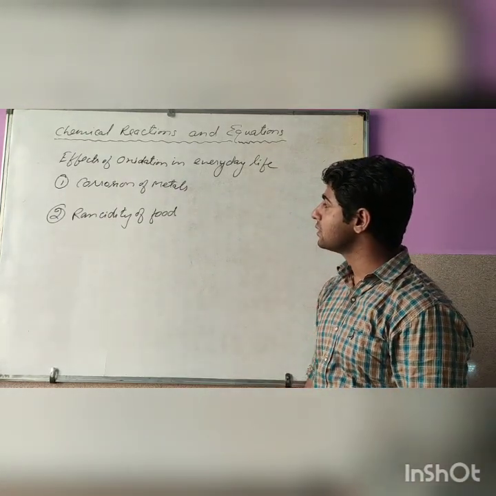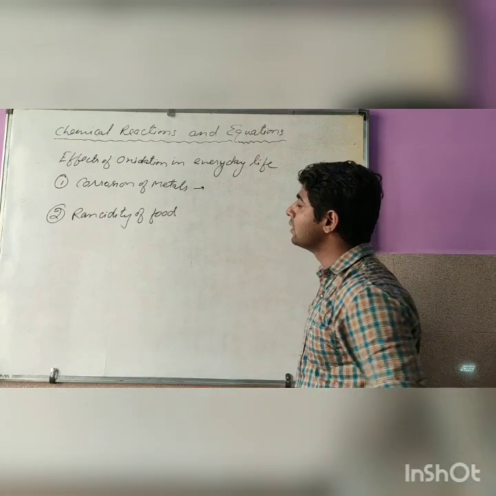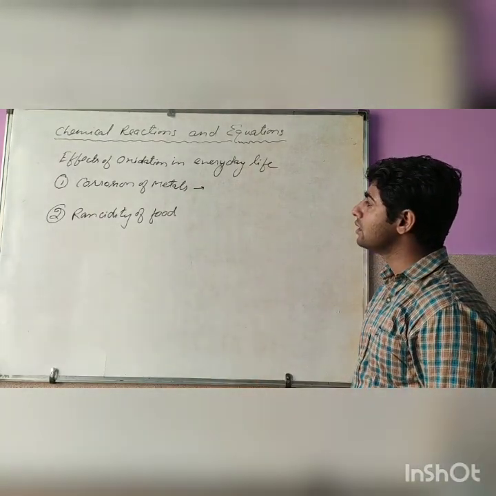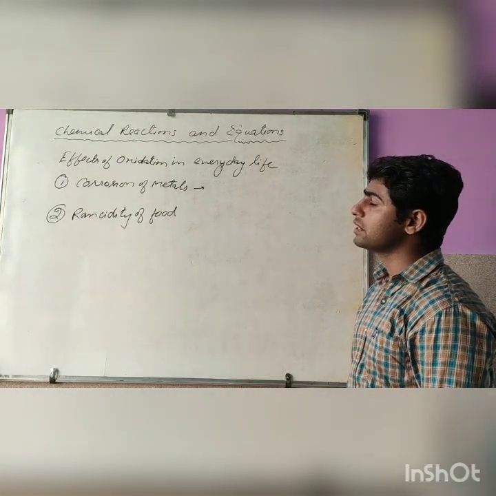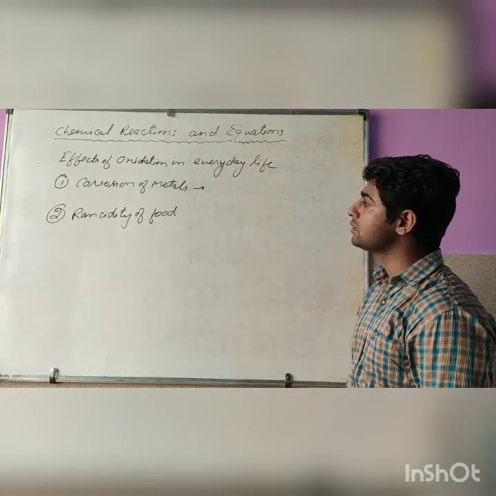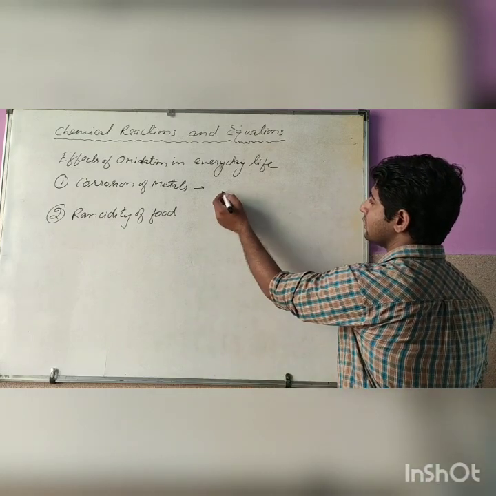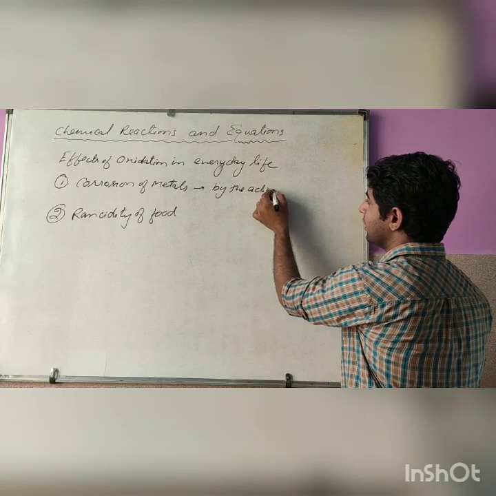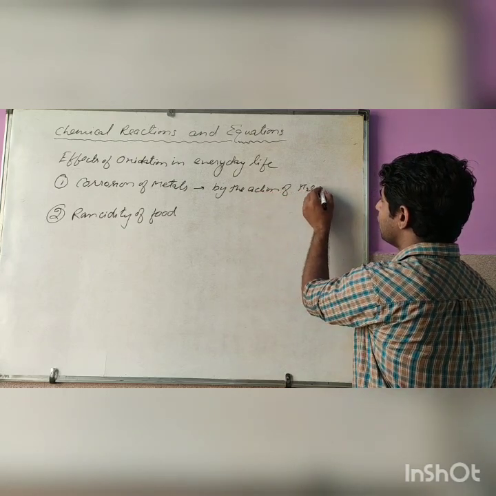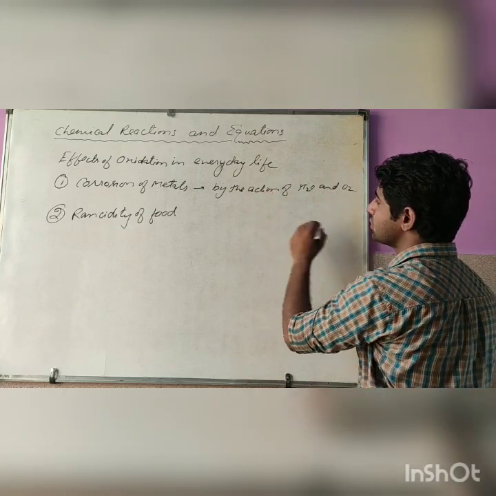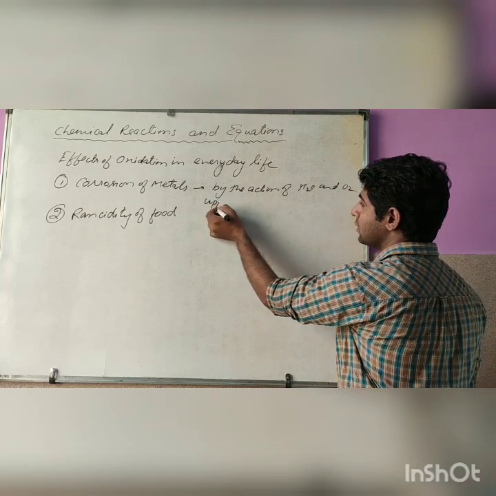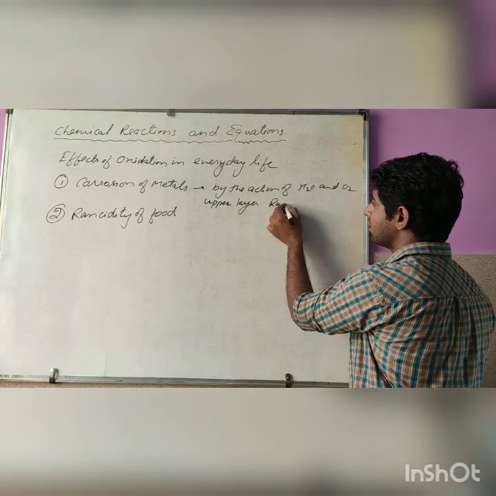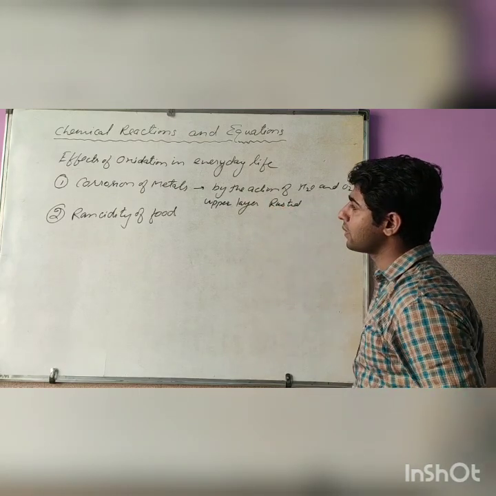So, corrosion of metals. In corrosion of metals, the upper layer of metal is oxidized by the action of water and oxygen, and it changes into rust. The upper layer gets rusted.